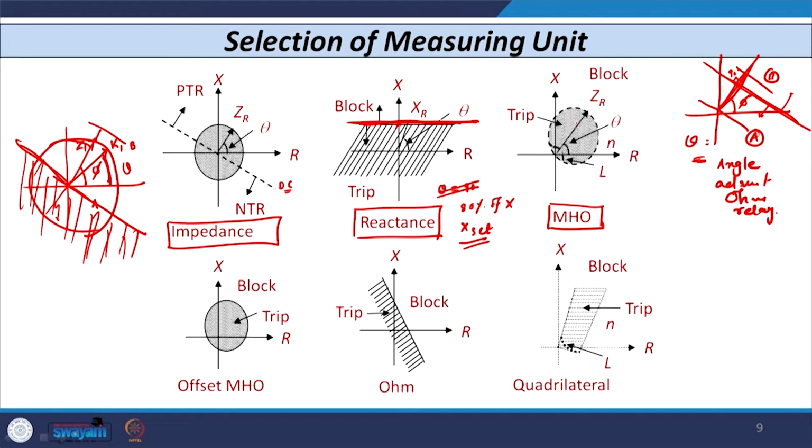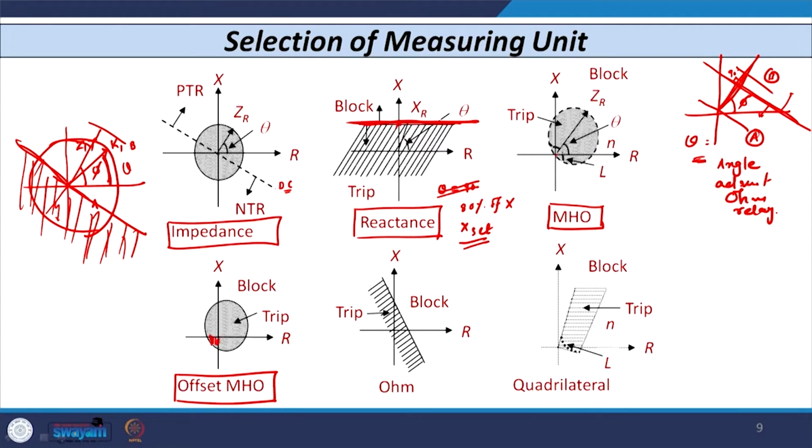The next characteristic is known as the offset mho relay characteristic. The only difference between mho and offset mho is this point, the origin, which is slightly shifted below, just to accommodate only this much portion.